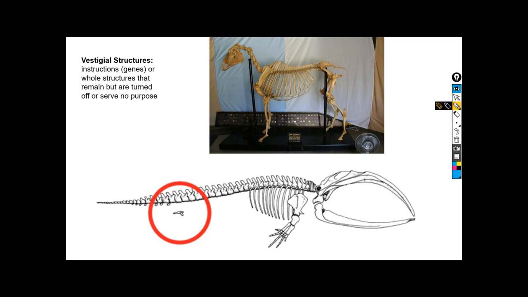And like we see here, this is a whale skeleton. Having a pelvis underwater isn't super useful, just like it's not with the fishes that we'll end up looking at. And so fishes don't have them because fishes evolved first. And so what we see here is called a vestigial structure.